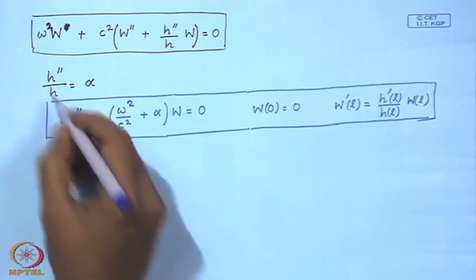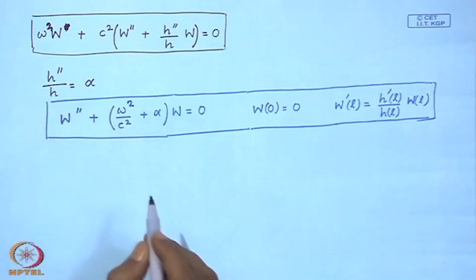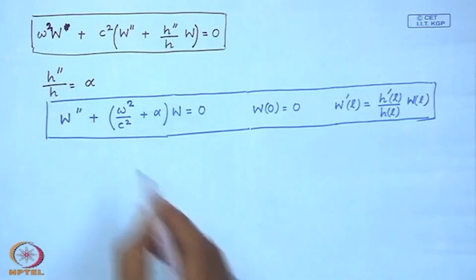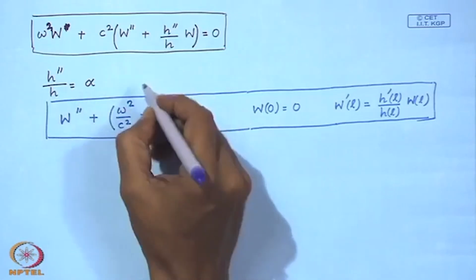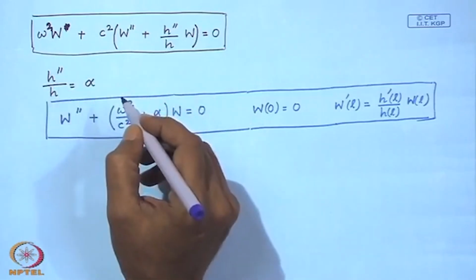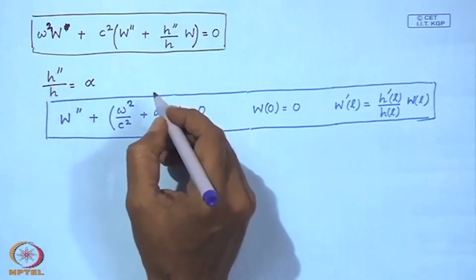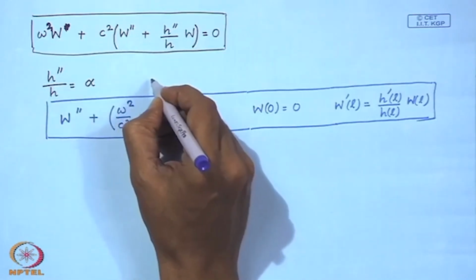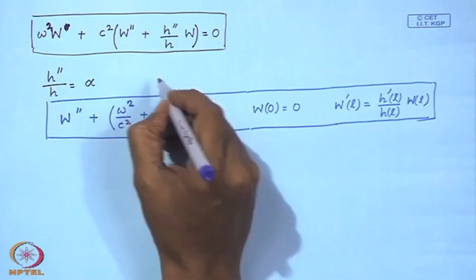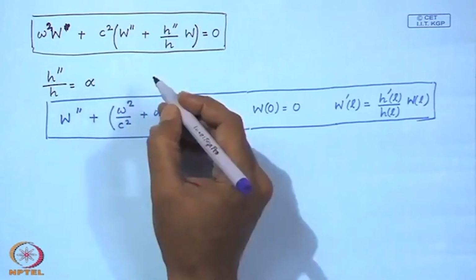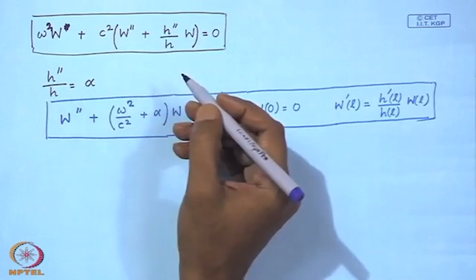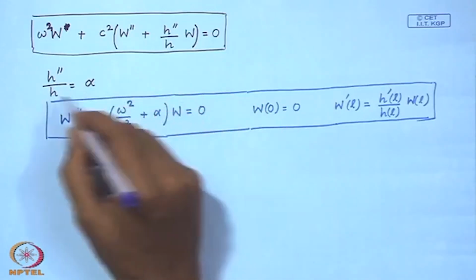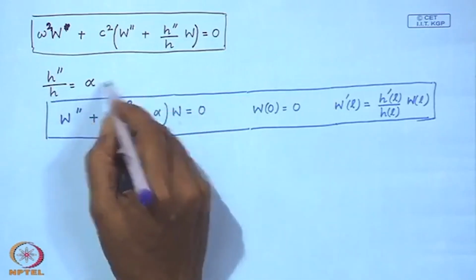Now, we are looking at a class of systems for which this function h double prime over h is a constant which is alpha, which may be positive or negative. So, this class of systems is characterized by variation of h which is hyperbolic for alpha greater than 0, harmonic for alpha less than 0, and h is a quadratic function of x if alpha is 0.